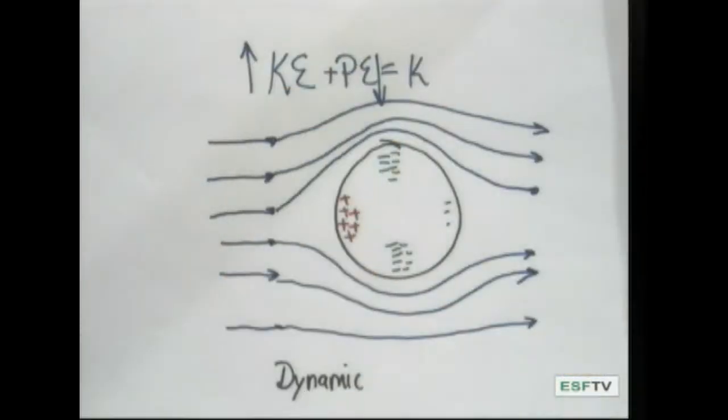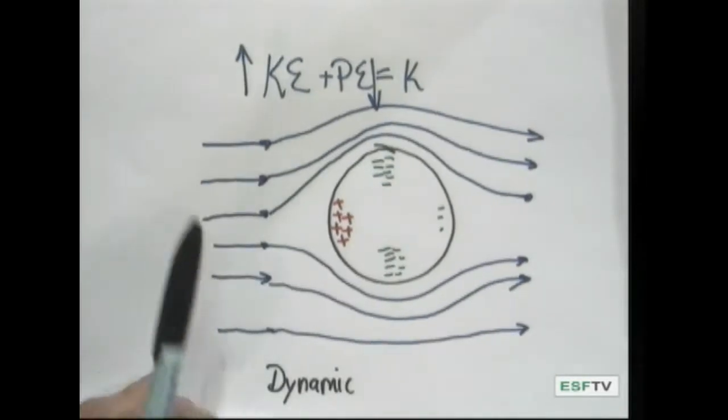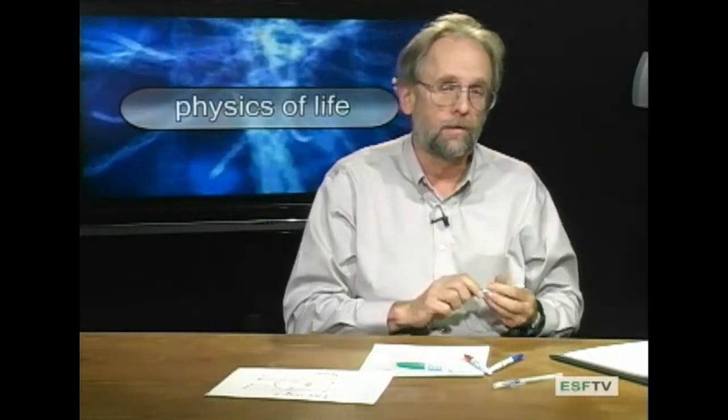The famous Bernoulli's principle is one expression of this conservation of energy principle in the case of fluids. So that's one kind of interaction that can take place between fluids and objects, these dynamic interactions that are involved with distortions of flow fields around objects.